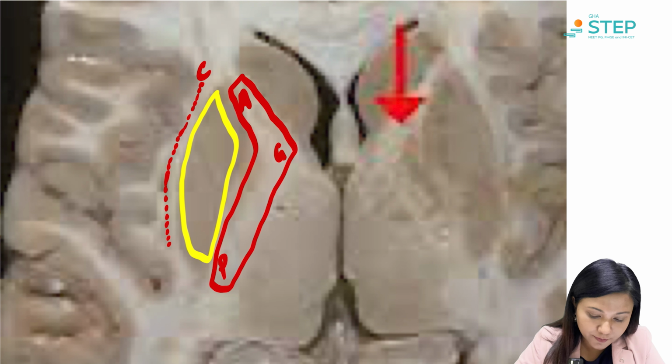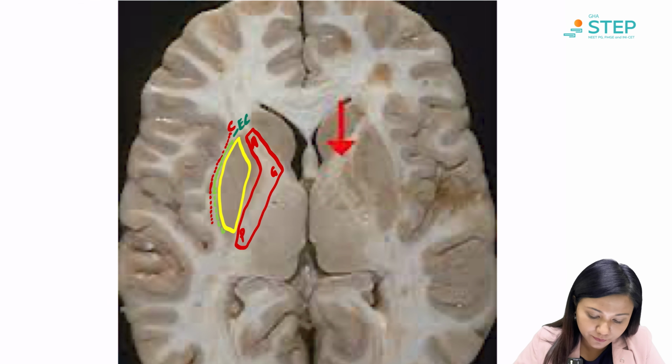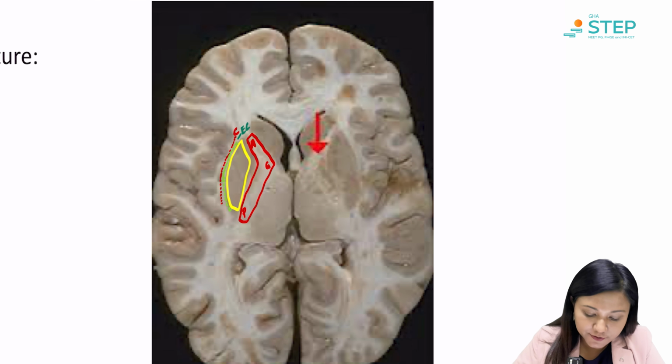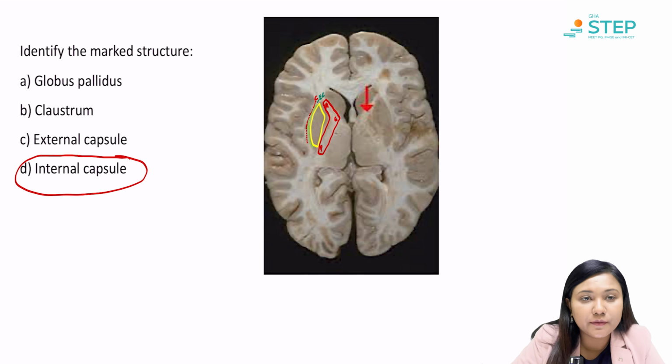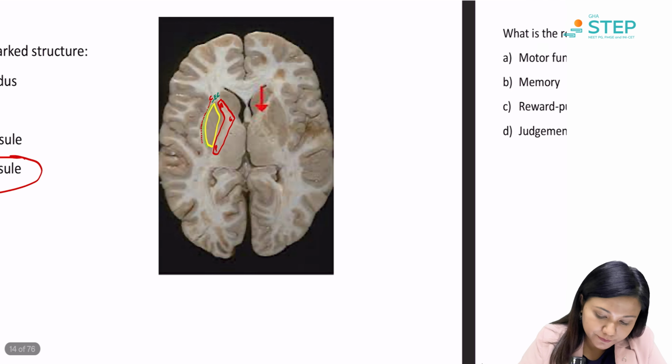And in between this you will have another white area, and this white area is the external capsule. Okay, I think it is clear to you now. So the marked area is the anterior limb of the internal capsule.